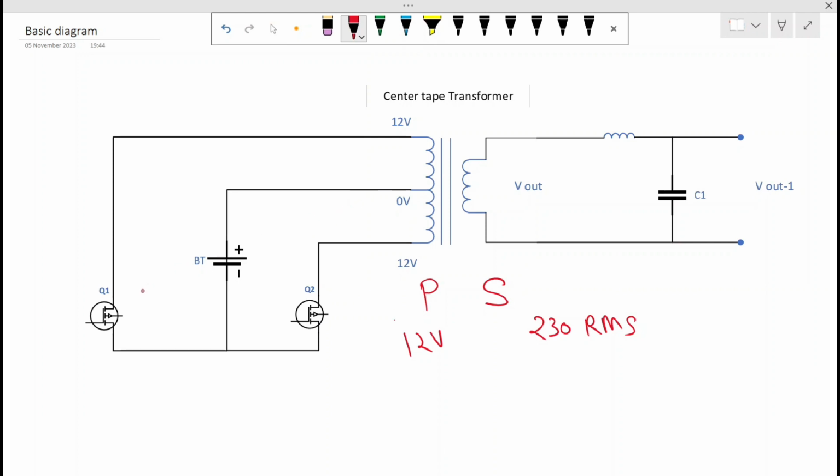Now the switch, here the switch taken is a MOSFET. So we require two MOSFETs, Q1 and Q2, based on the power. If power is less, then these two MOSFETs are sufficient. If the output power of the inverter is more, like 2 kilowatt or 5 kilowatt, then we have to connect more MOSFETs in parallel.